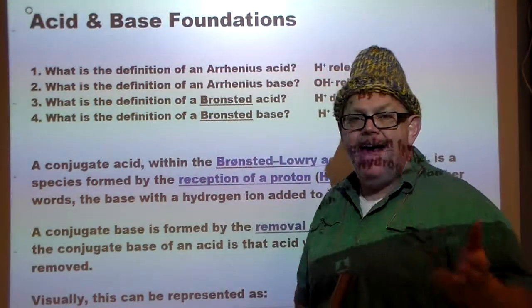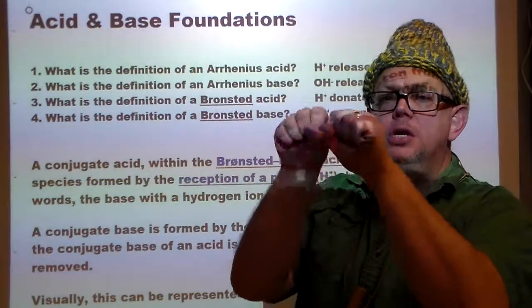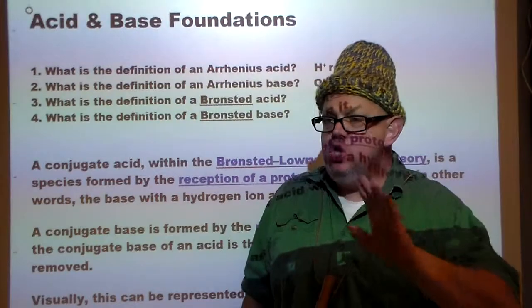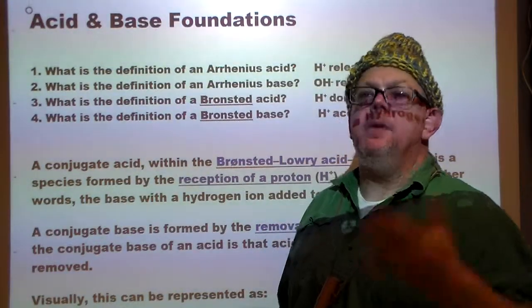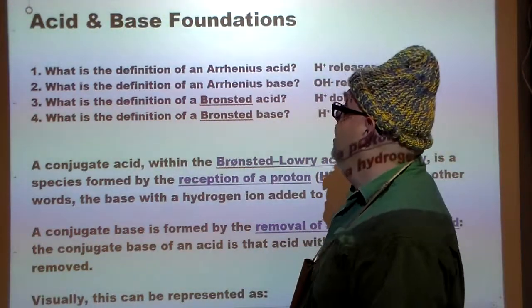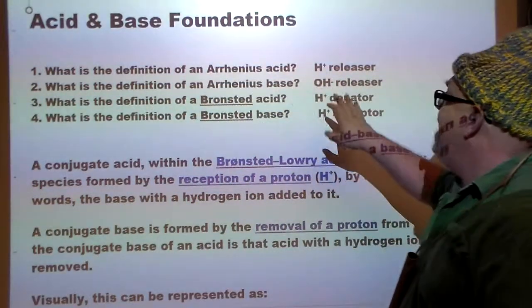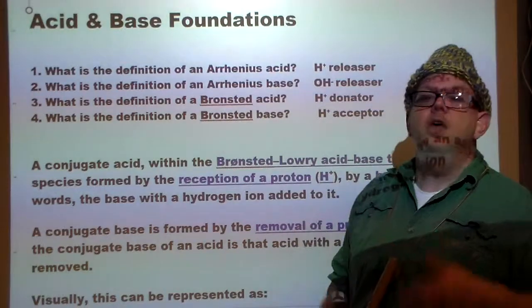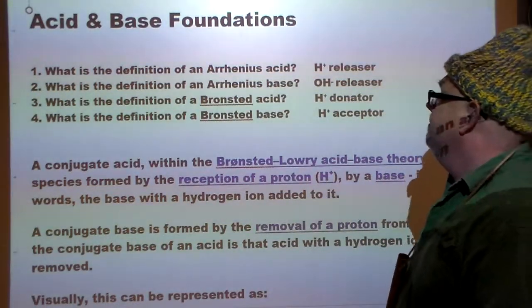Now there are hydrogen atoms that do have a neutron connected to the proton in the nucleus of the atom, but the vast majority of the time, hydrogen is just a single proton. An Arrhenius base, on the other end, is a hydroxide releaser. It gives off these OH minus.